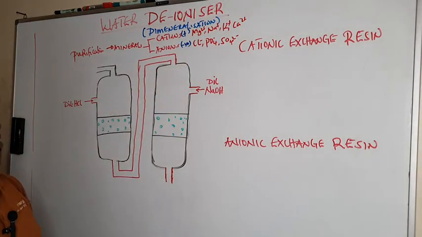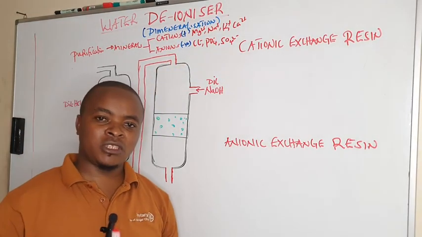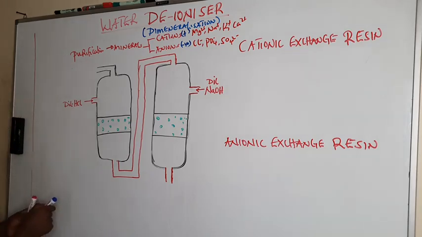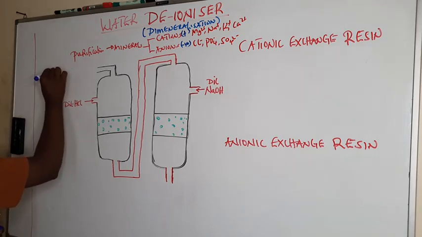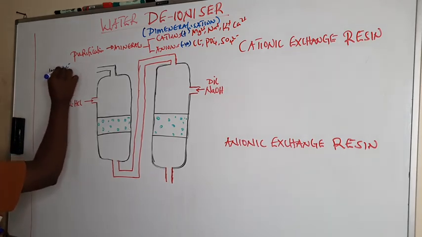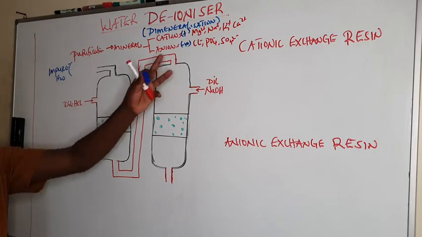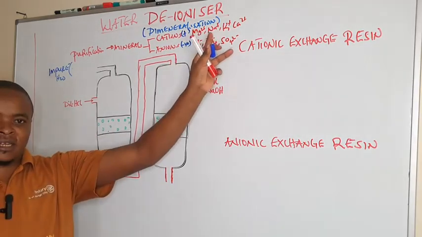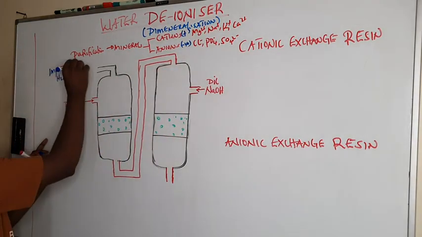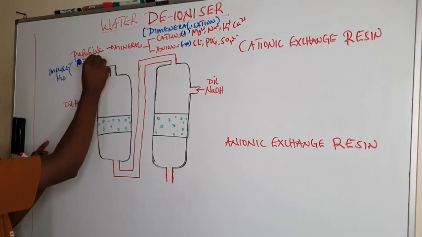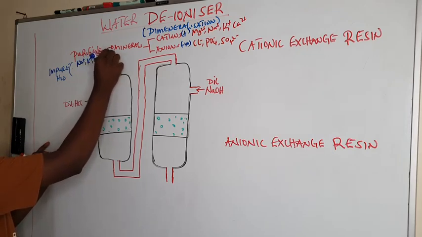And how do we make water free of ions? When we have an impure water, and this impure water contains these cations and anions, so it contains sodium, potassium, magnesium, then calcium, and others.